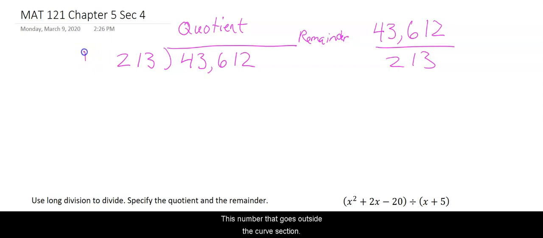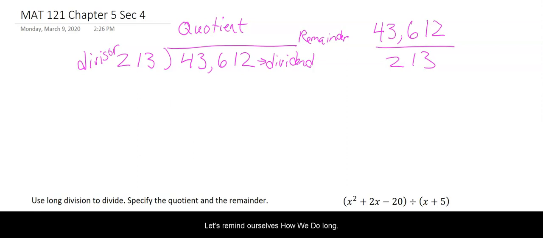This number that goes outside the curved section is called the divisor, and the number that's underneath is actually called the dividend. You won't be tested on what the names are, but they will be referring to the quotient, the remainder, and the divisor fairly regularly, so it would help to know what they are.